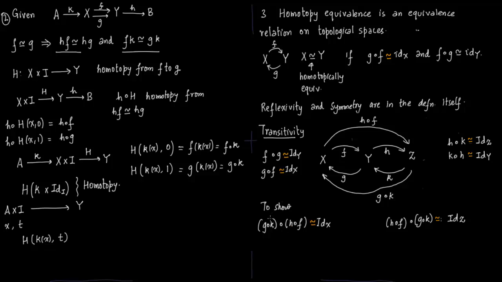Now notice that this k composed with h is homotopic to id on Y. So when you compose g with it, you just get g composed with f, which is id on X, given here. Similarly here, look at f composed with g. This is homotopic to id on Y. So you put homotopic here, and then you are just left with h and k, which is homotopic to id on Z, and that is given to us.